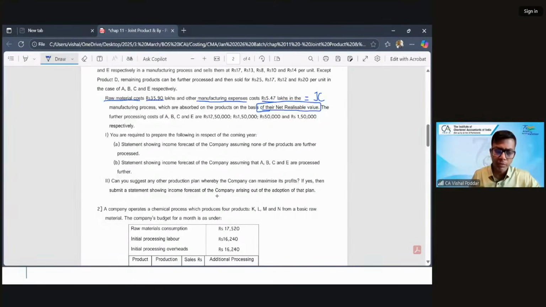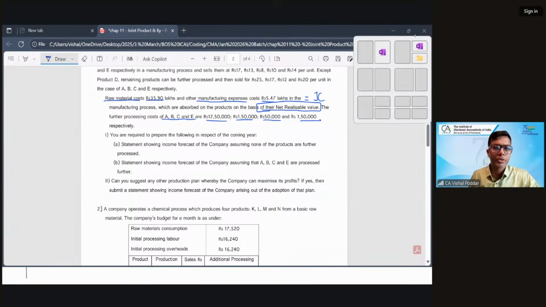But we will solve it by all methods so that you'll understand the methods. Now, the further processing cost. Since you can further process these four products, obviously, when you're doing extra processing, they will incur some costs. So these are the costs given which each product will incur, right?